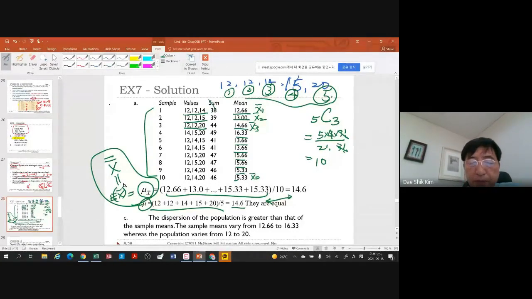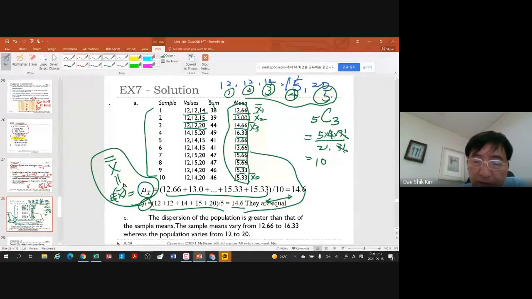How about dispersion? You need to calculate the standard deviation of this one. That means the dispersion of the sample means, where the minimum is 12.63 and the maximum is 16.63. But the original population ranges from 12 to 20.